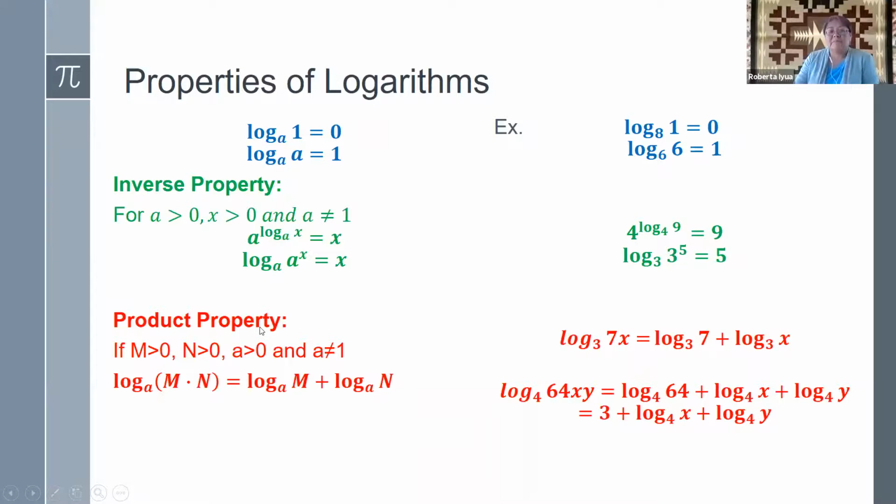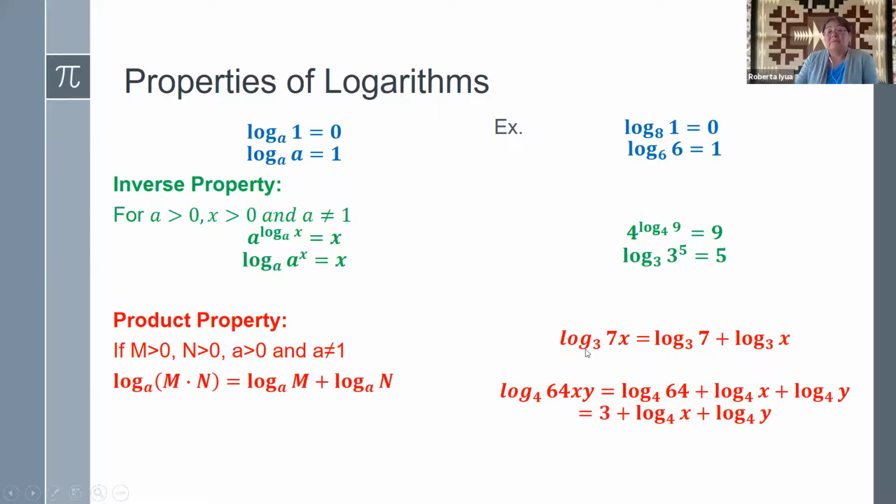Here's the product property. If m is greater than 0, n is greater than 0, a is greater than 0, and a is not equal to 1, then log base a of m times n is equal to log base a of m plus log base a of n. And here are our examples of that. I did 2 examples.